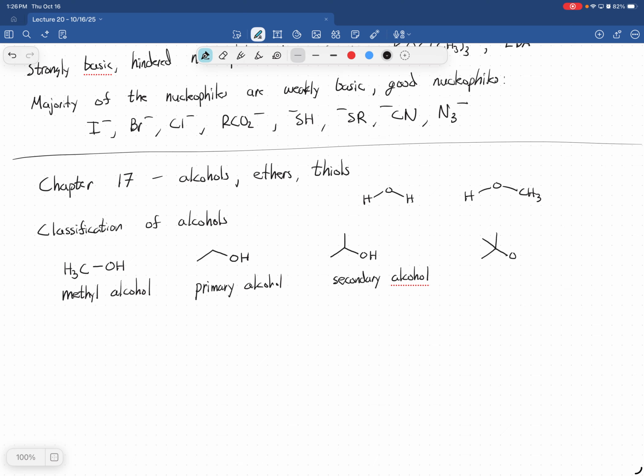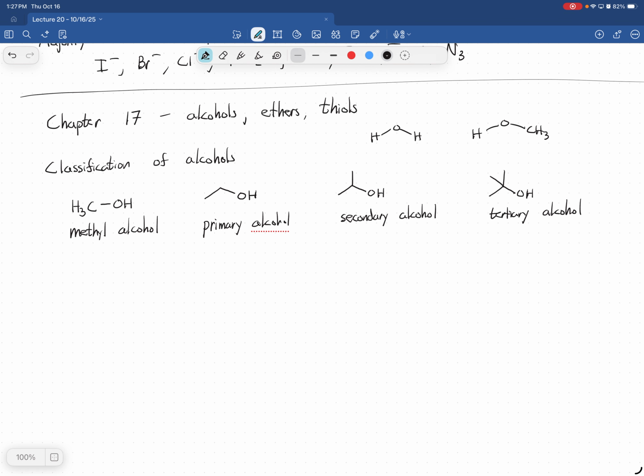And there's no such thing as a quaternary, because where would the OH go if there were 4 carbon atoms already bonded? All right. So are there any questions on the classifications? Be able to classify alcohols based on what kind of carbon they're bonded to. Okay? All right, now let's go to naming.